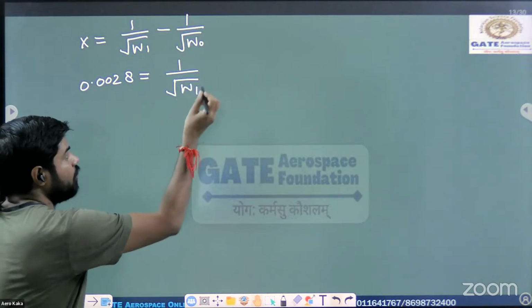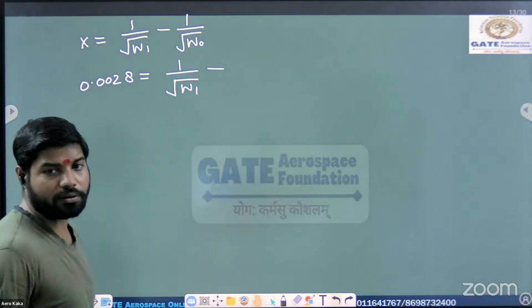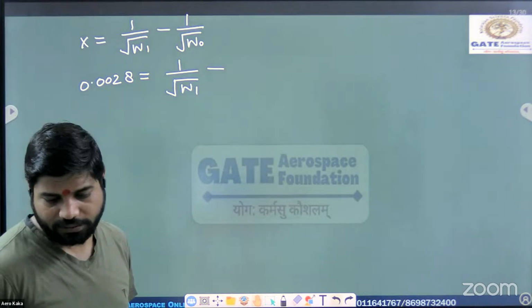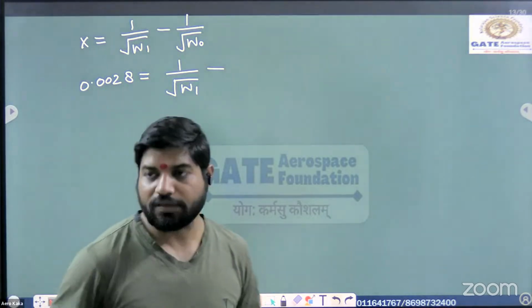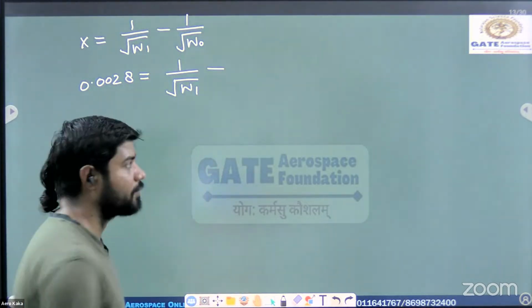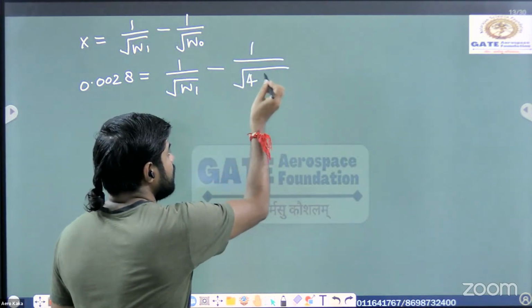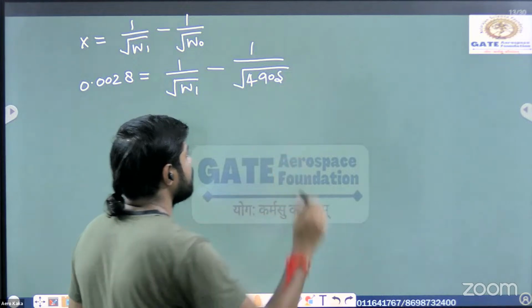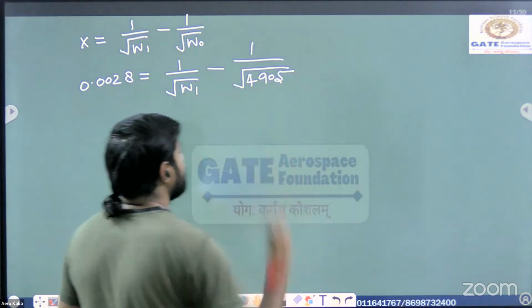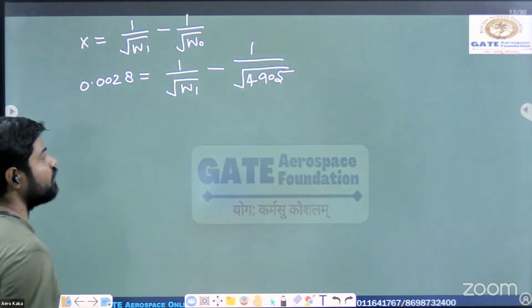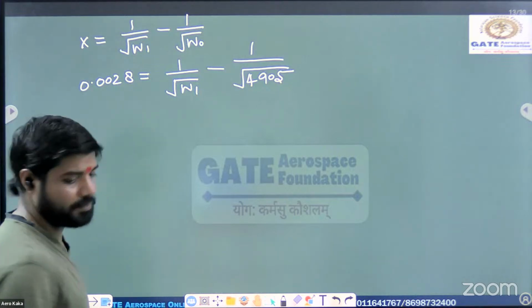It's 4905, right? So you can write 1 upon root of 4905. Now, just simplify and let me know how much you're getting.